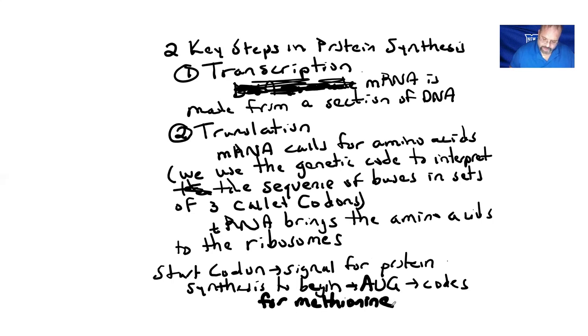So as the protein is being made, the first amino acid present is going to be methionine. But by the time all is said and done, that initial methionine is usually removed.